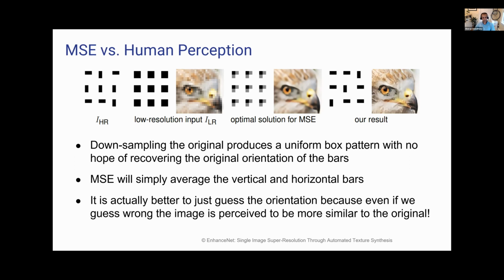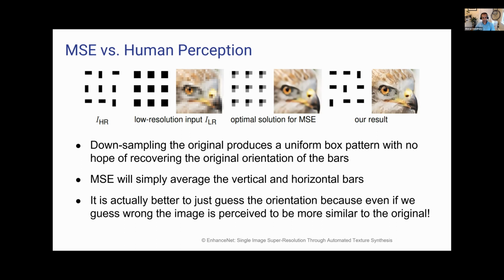So what MSE will do is just create an average. It doesn't know if it's a vertical or a horizontal bar, so it will just average those out. What actually works better is to just randomly guess whether the bars are vertical or horizontal, because to human perception, it doesn't really matter if you get it perfectly right that the bar was vertical or horizontal.